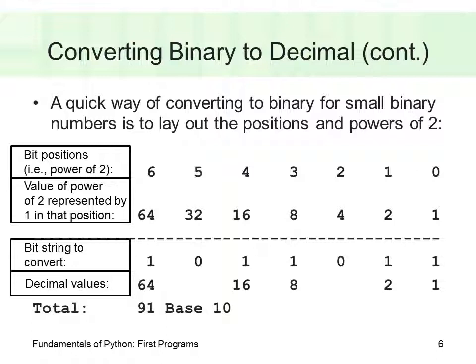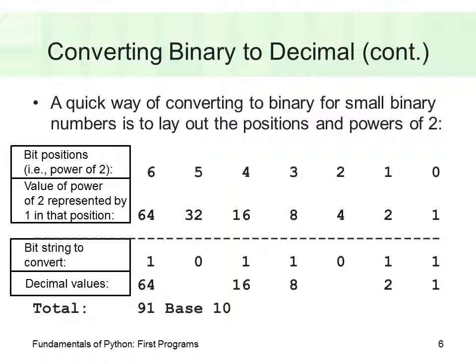If your original decimal value is 91, obviously there are no 91s in 128. However, there is a 64. So you would take your decimal number, subtract the highest power of 2 that you can from it, in this case 64, and put a 1 in that position.